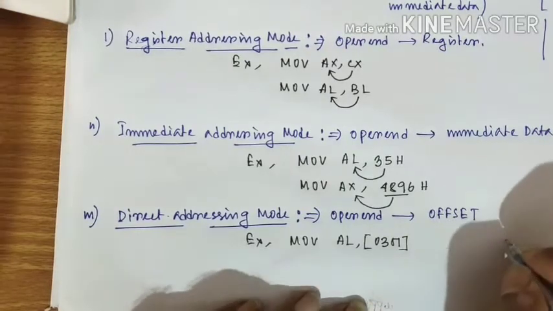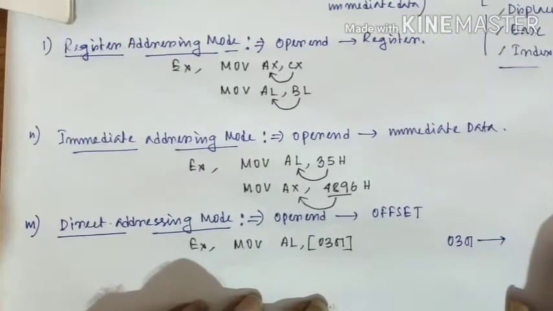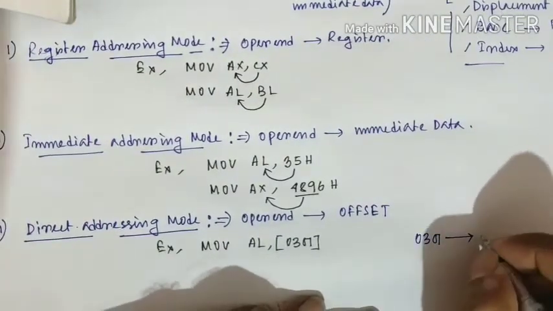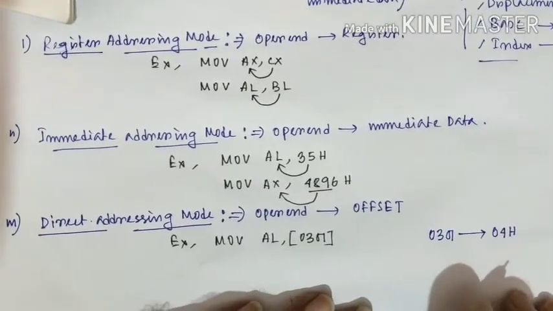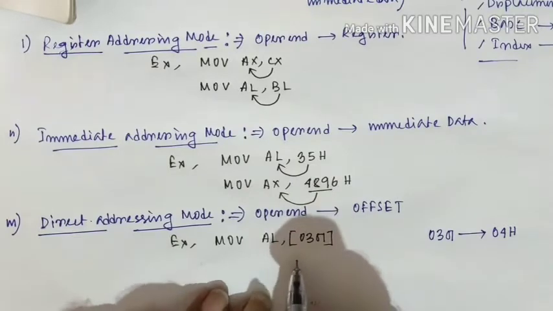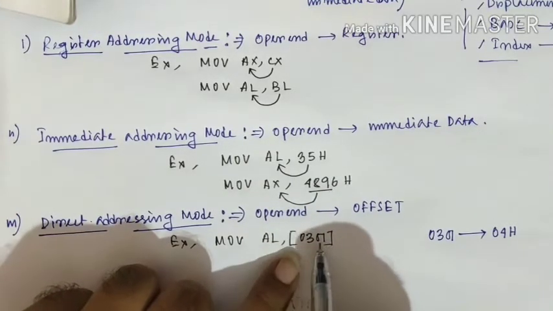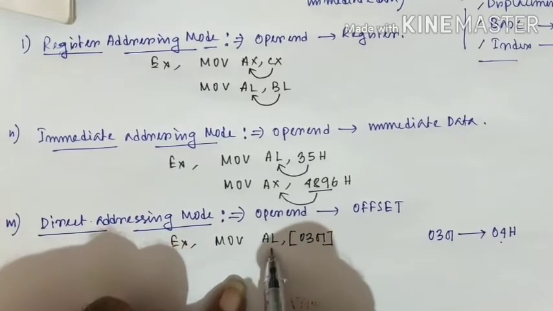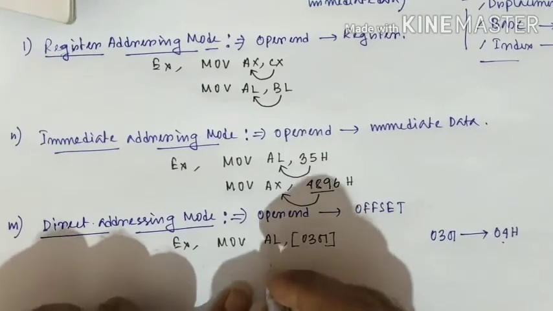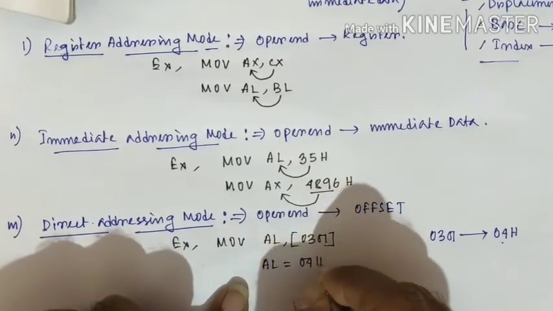So assume the offset address 0301 is the address which contains an 8-bit data, that can be 04 hex. So what will happen? It says the operand is basically an offset. This offset address contains this 8-bit data. So this 8-bit data will be directly moved into AL. So after execution, AL will become 04 hex.